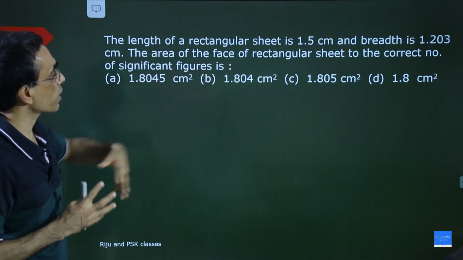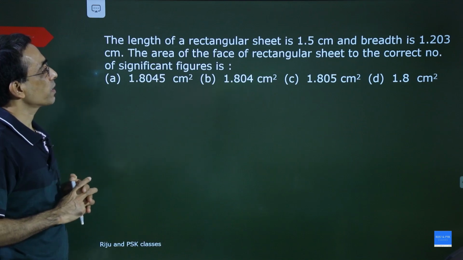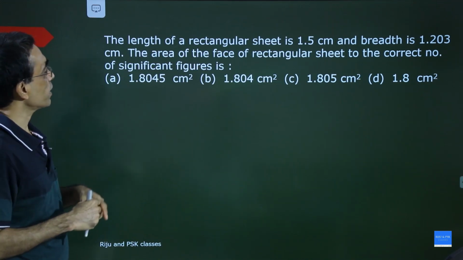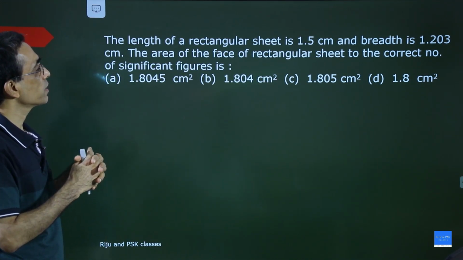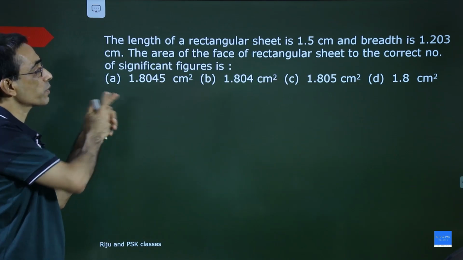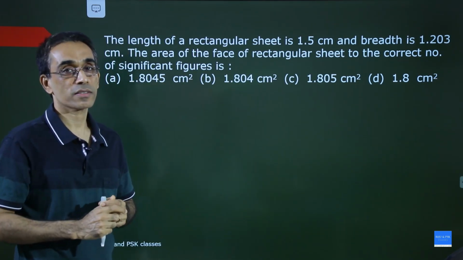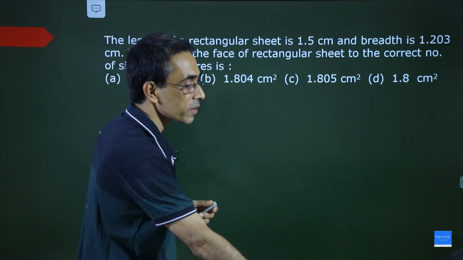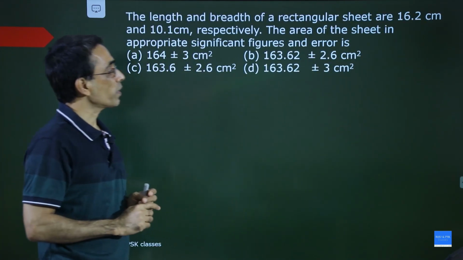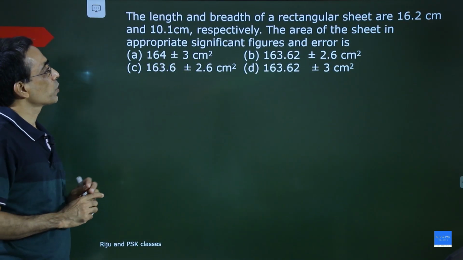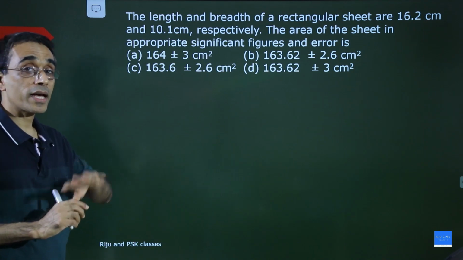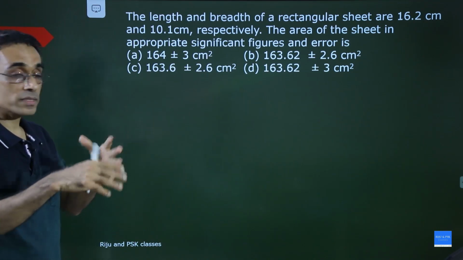Length of a rectangular sheet is given. Breadth is also given. Area of the rectangle sheet to the correct number of significant figures. Again, you should work out, get me the correct answer. This one is there in NCERT. This is there in the exemplar textbook as well as in the NCERT text.